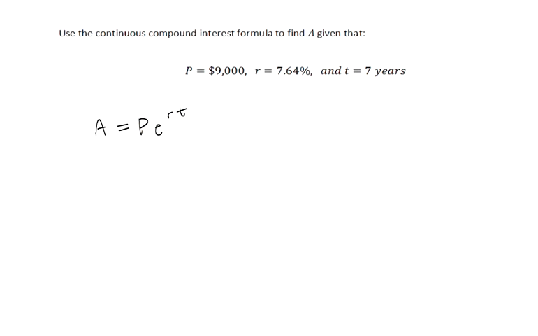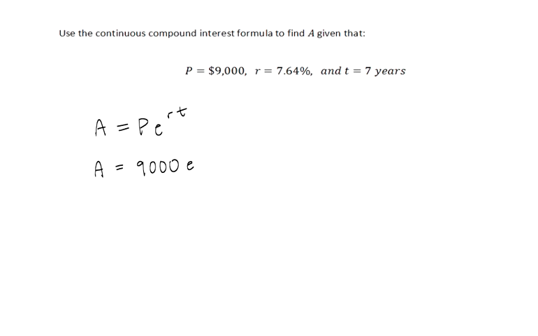And now we can go about substituting the values that were given to find the value that is missing. So we are being asked to find the value of A, so I'm going to leave A as A. The value for P is $9,000. E stays E in the formula. And in the exponent, R is 7.64%.